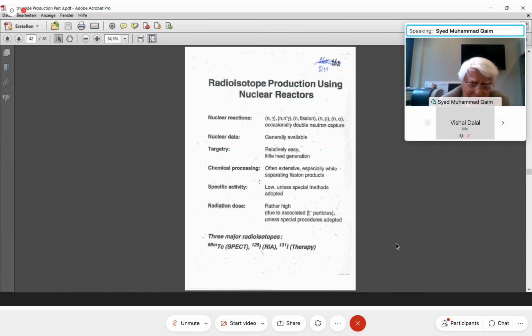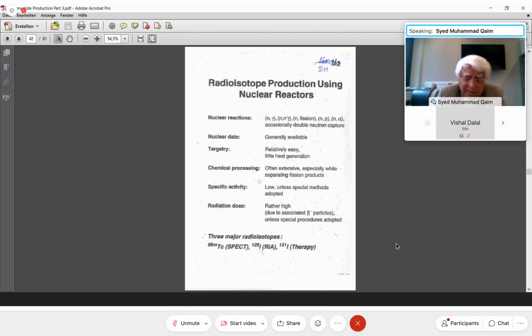You need some isotope with low energy, with low gamma and with electron capture, and then the electrons are used and X-rays are used. So iodine-125 is a low radiation emitting isotope. Iodine-131 is a high radiation emitting isotope in therapy. And technetium-99m is a gamma emitter.